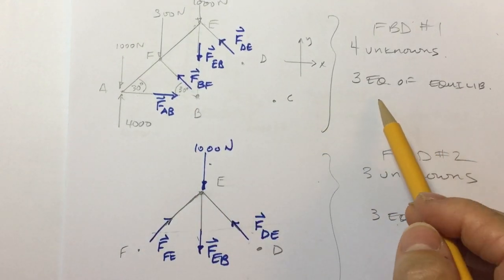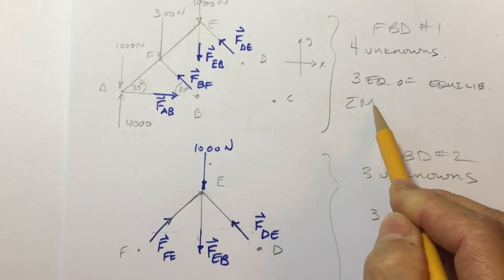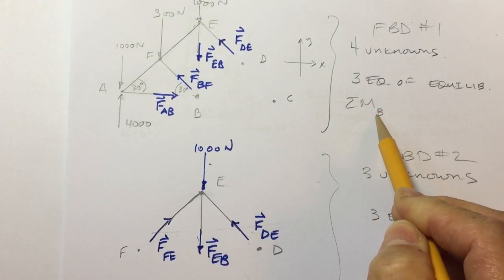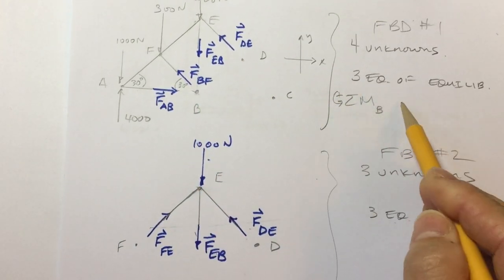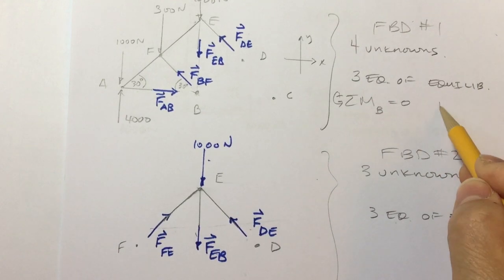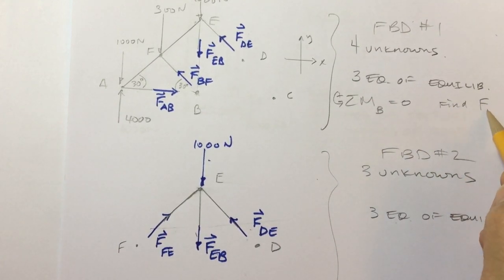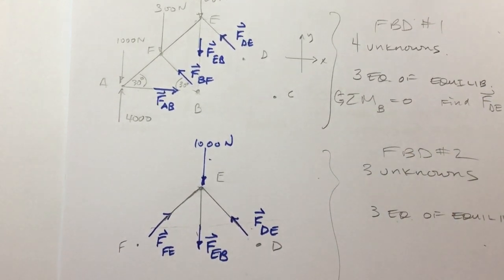So applying the sum of the moment about point B for FBD number 1, I can find FDE.